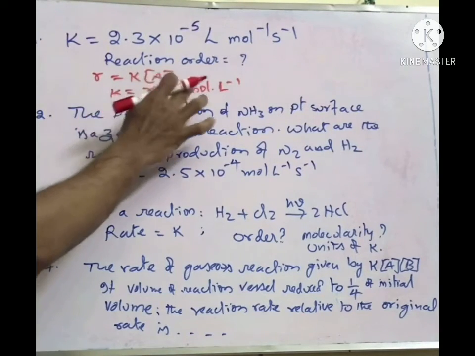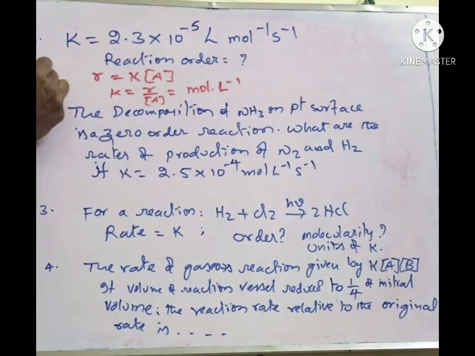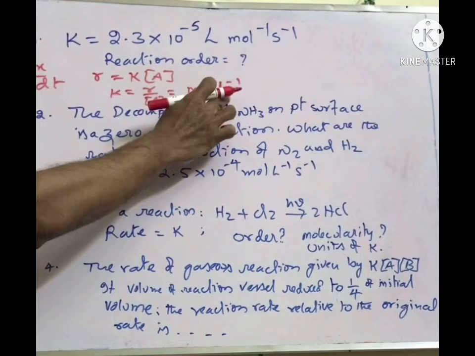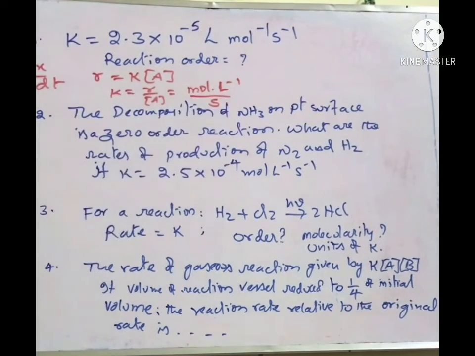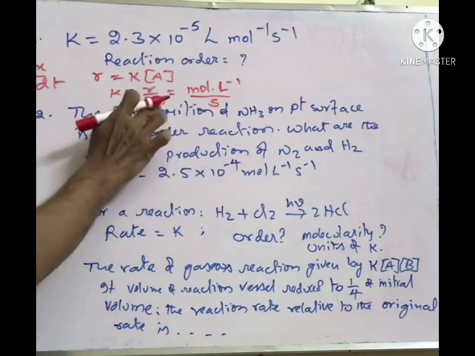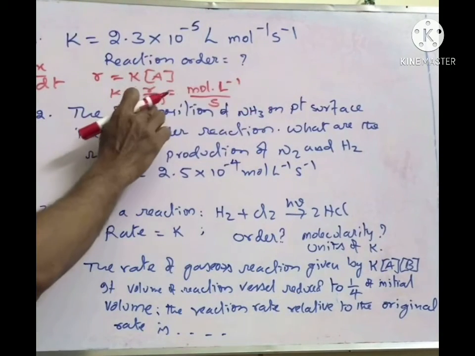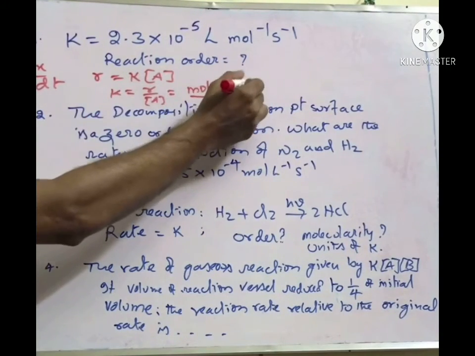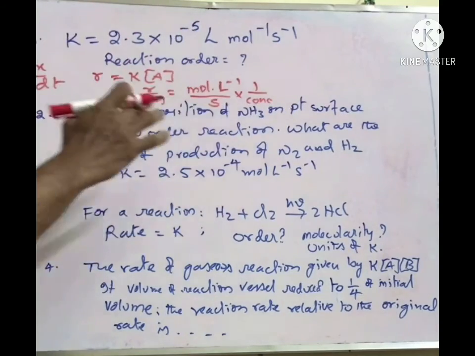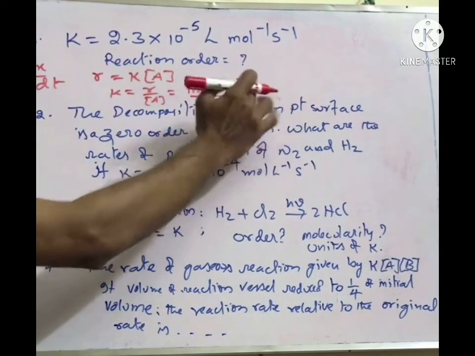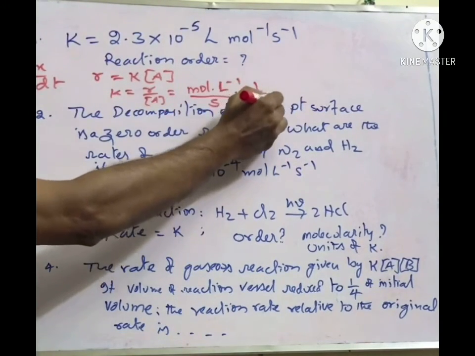Here R equals dx by dt, the change in concentration over time. Change in concentration units are moles per liter, time is second, into one over concentration A, that is one over moles per liter.